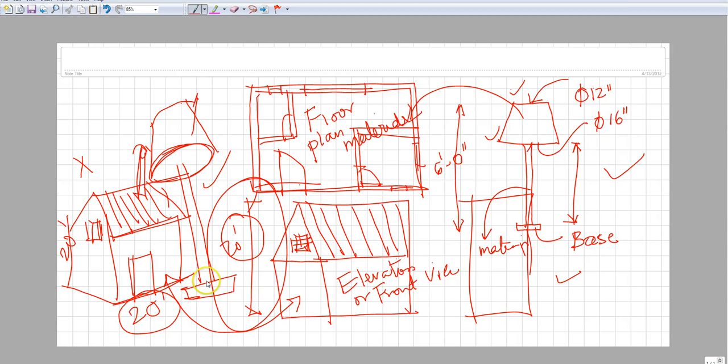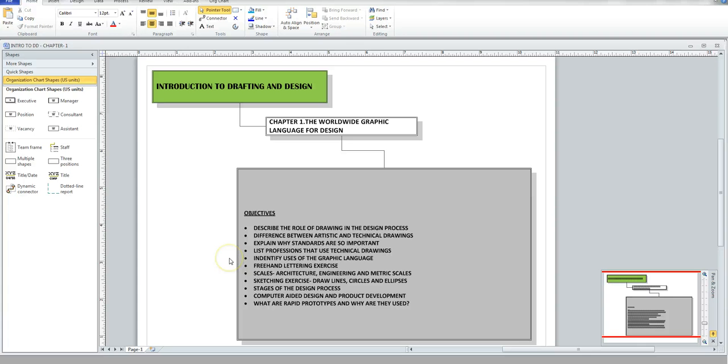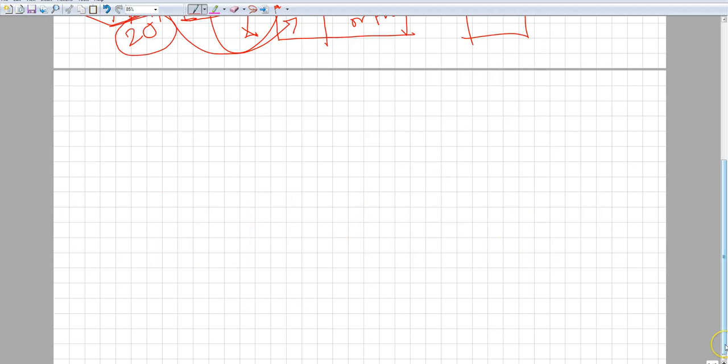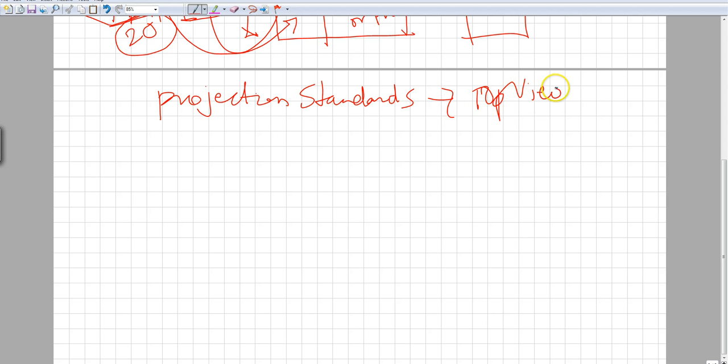So dimensioning is just one standard, but there are so many other standards, like projection standards, for example the top view, front view, side view, perspective view.